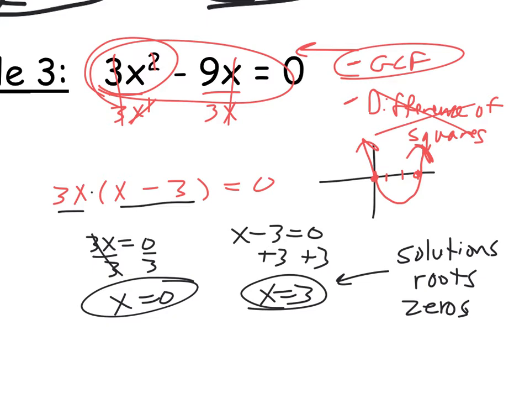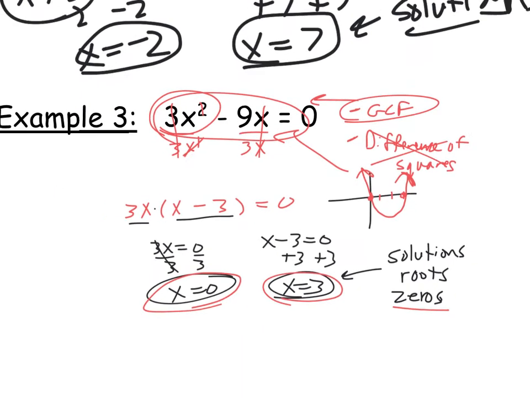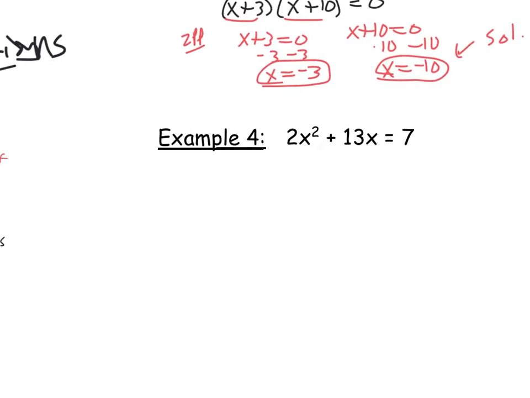That's what the graph for this function would look like. We solved it by factoring to find our solutions or our zeros. And then I just graphed them in there. I'm not saying you got to do that, but I just want you to picture what these solutions actually are. Okay? It's part of the graph.